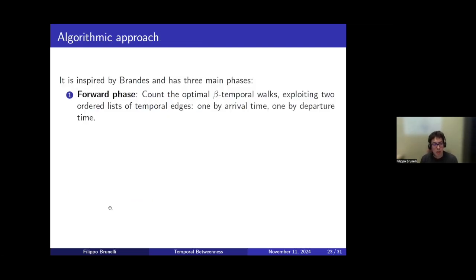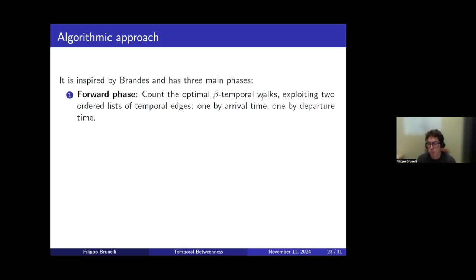So let me move to the overview of the algorithm. It's inspired by Brandes' algorithm, which is the most classical algorithm to compute betweenness in static graphs. So in a similar way, we have a forward phase to count the optimal beta temporal walks.